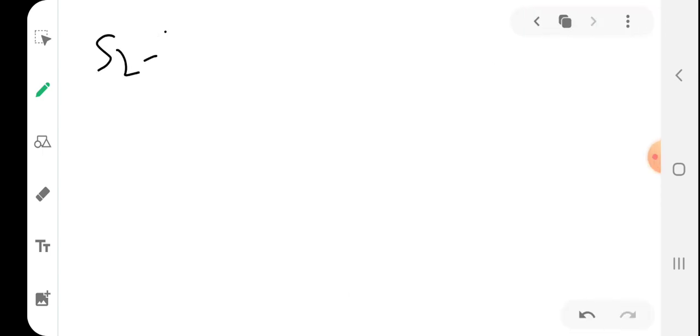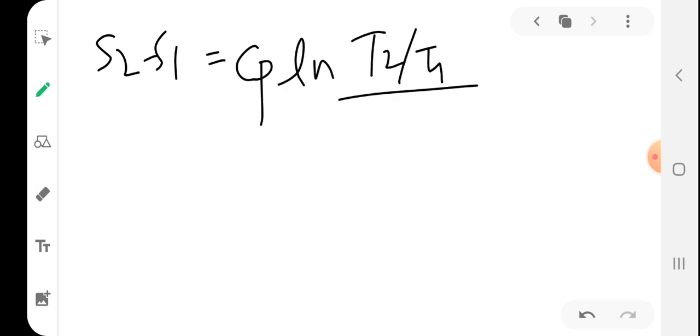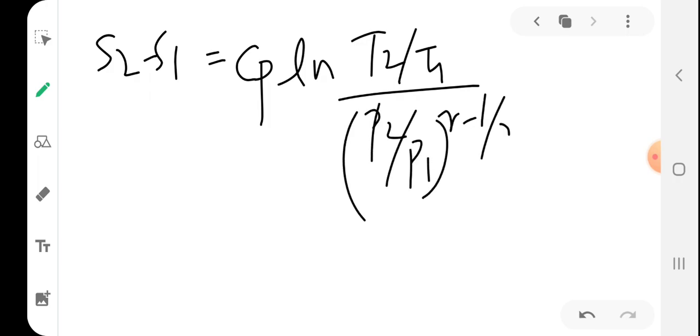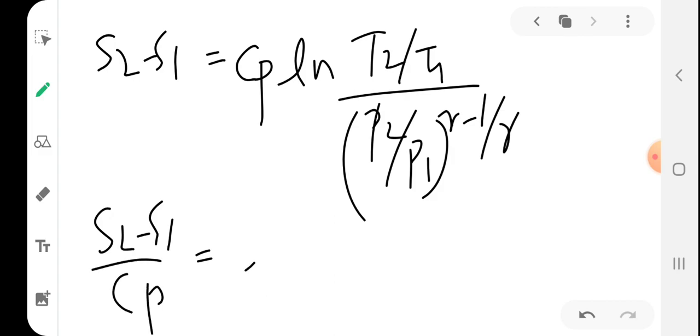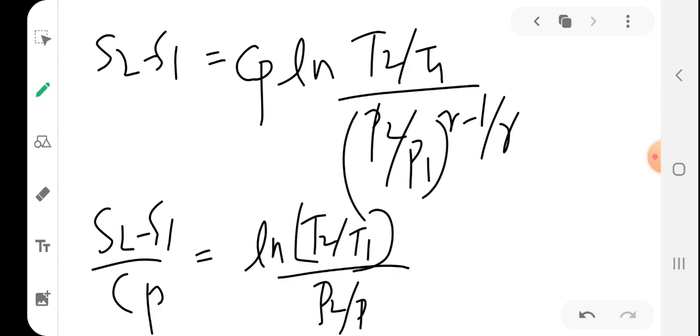So log A minus log B is log A by B. So S2 minus S1 by Cp is log of T2 by T1 divided by (P2 by P1) all raised to gamma minus 1 by gamma. So this is the equation for S2 minus S1.